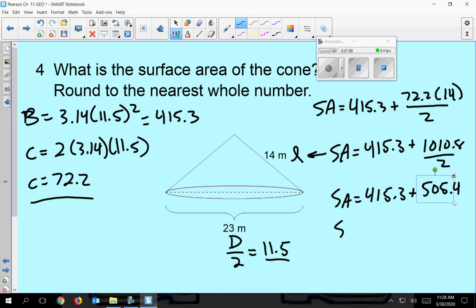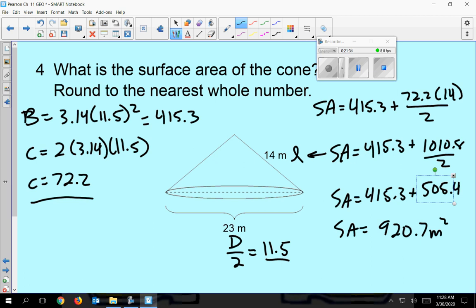I'm going to go ahead and add that together. So about 920.7 meters squared. All right, so that was a little extra problem there at the end. Hope you guys did okay with that.